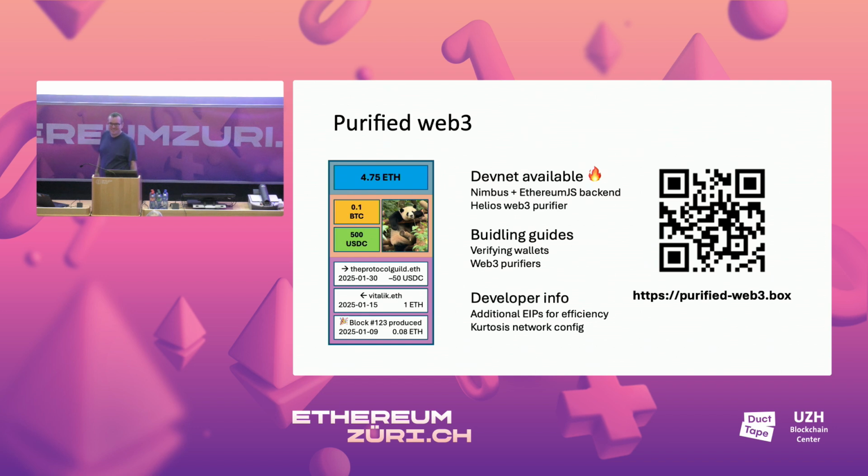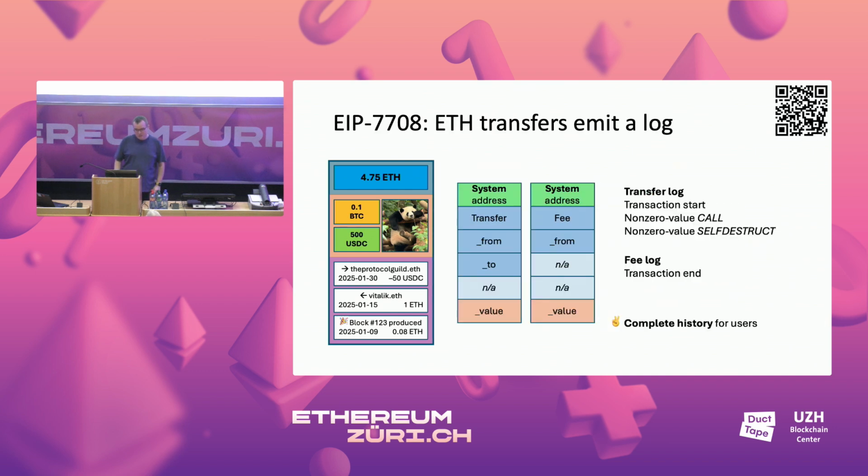If there are any questions, please right now. Yes? For regular incoming transfers, like which is just an Ethereum transfer, how can you get the transaction history? For an incoming transfer. Incoming ETH transfer. That's this EIP here, 7708.